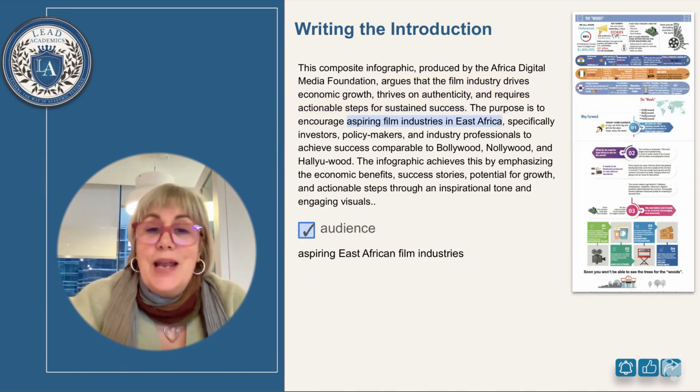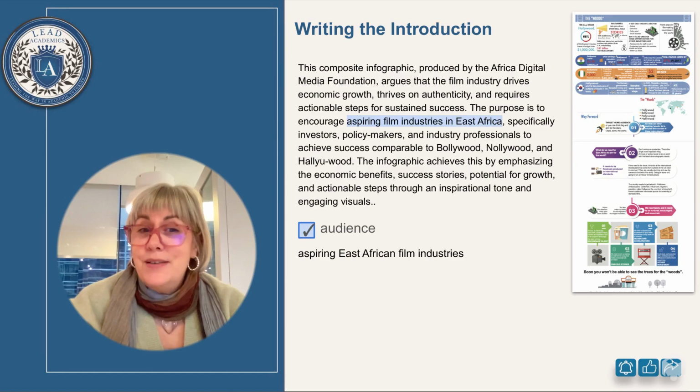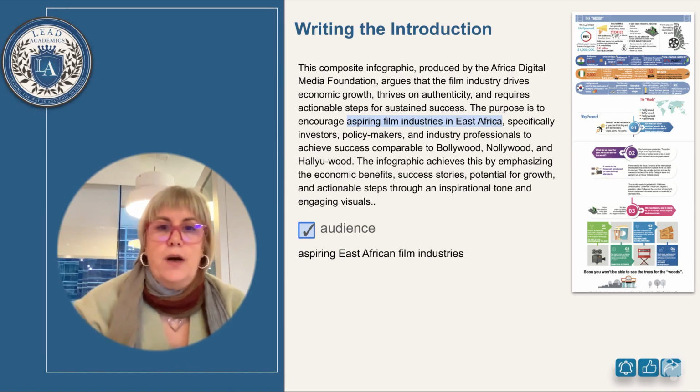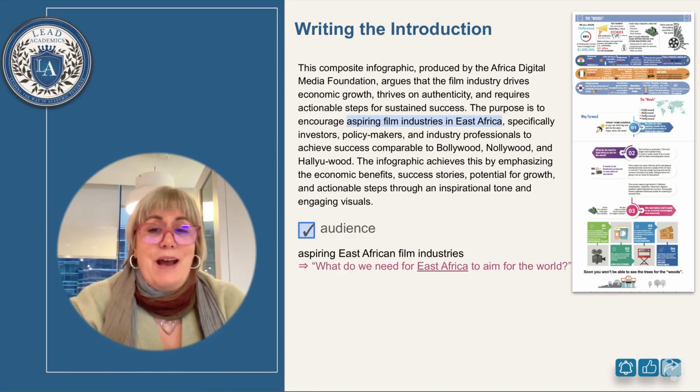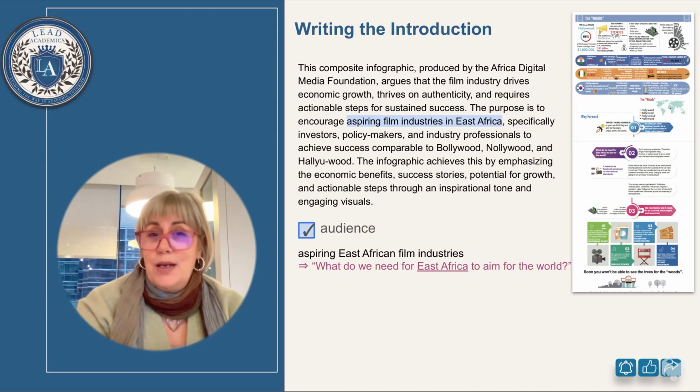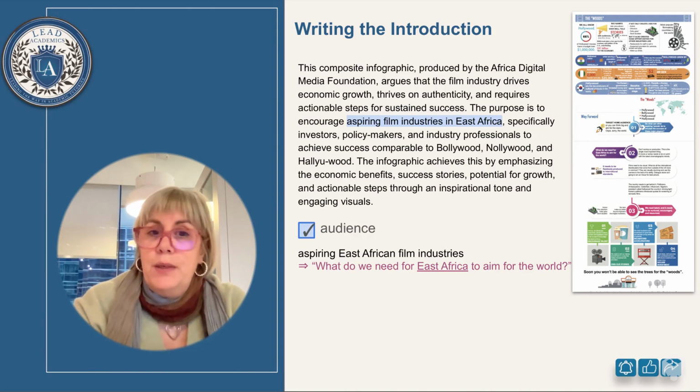Moving forward, looking at the audience, another difficult concept for students to find on papers. We're lucky because this paper states it. They tell us what we need for East Africa to aim for the world. So we know they're targeting the East African film industries.